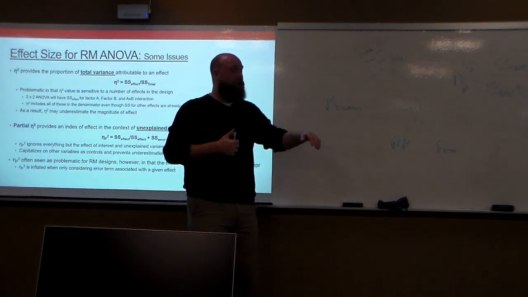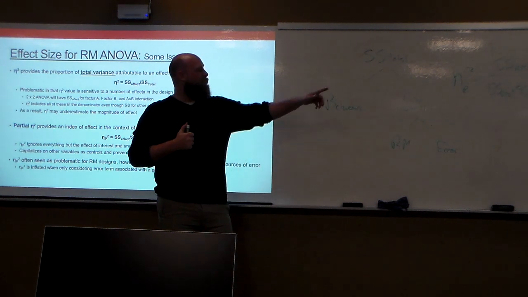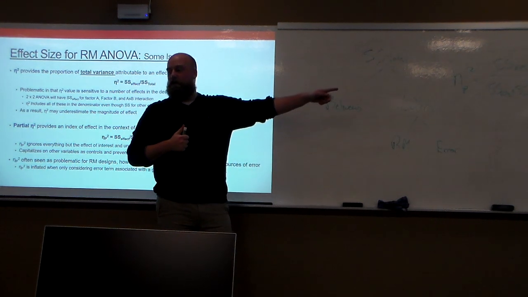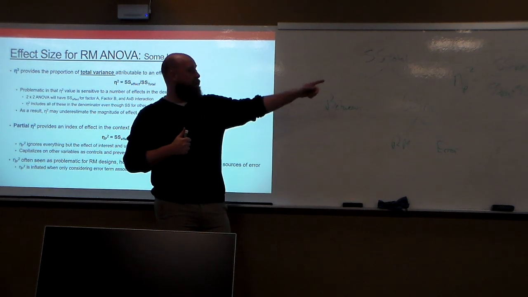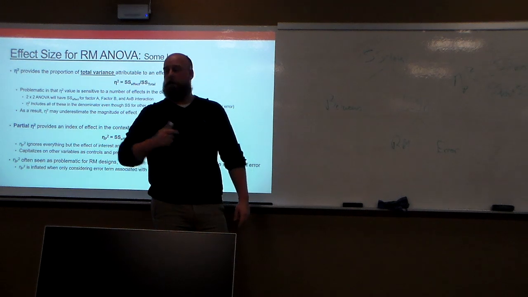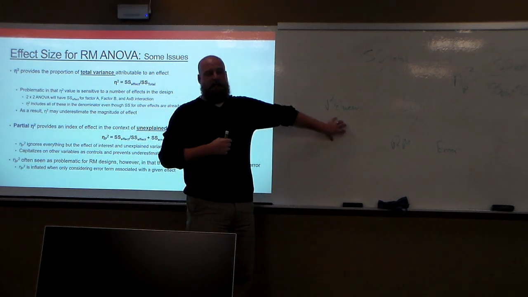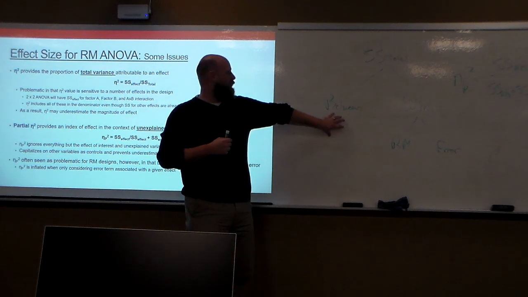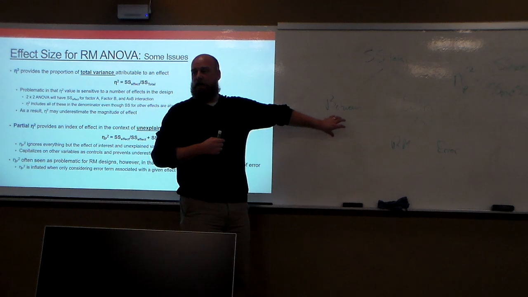Okay, there we go. What is this not capturing in my partial eta squared? Yeah, this, right? And how much in these designs is being siphoned off as individual difference variability?